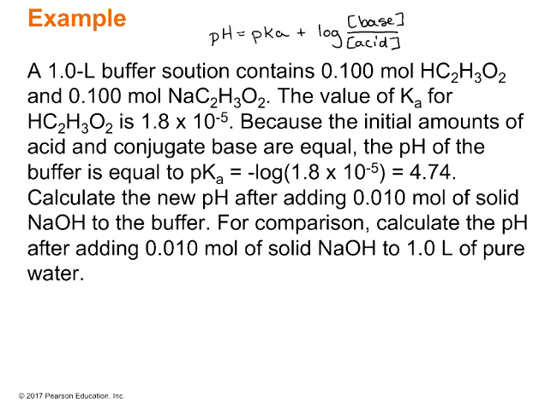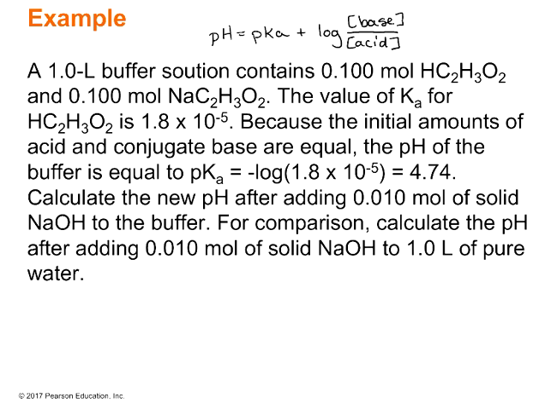But if the concentrations of the acid and the base are the same, then the log value is going to cancel, and we just end up with pH equal to pKa. And the pKa for acetic acid is 4.74.